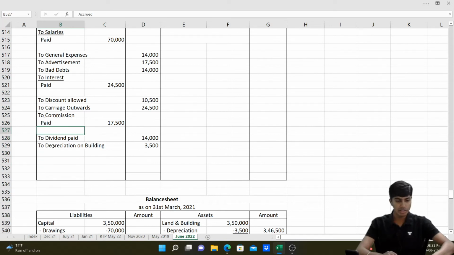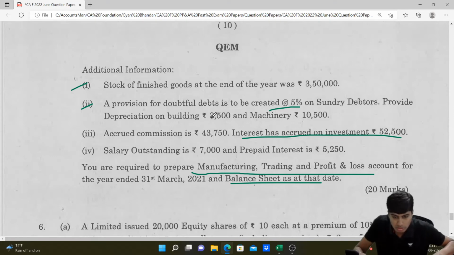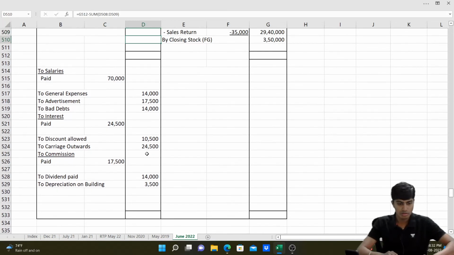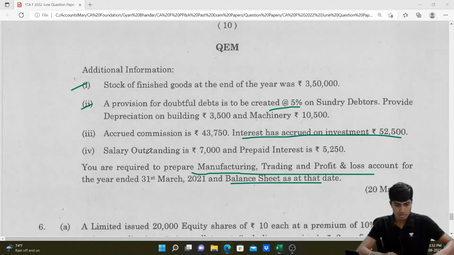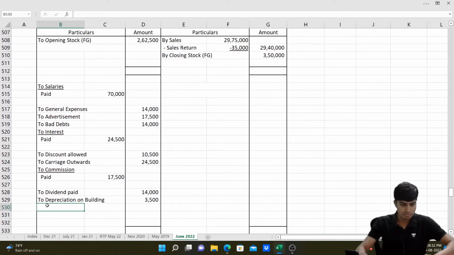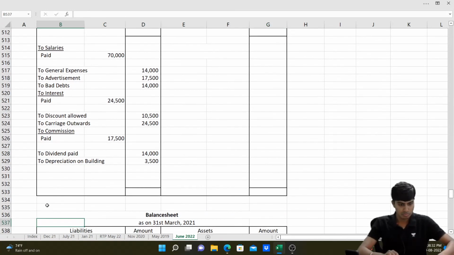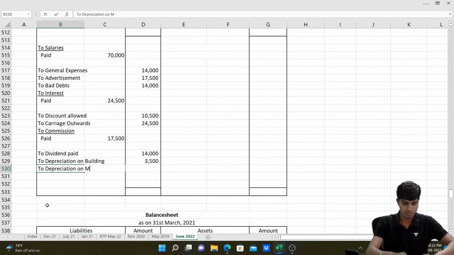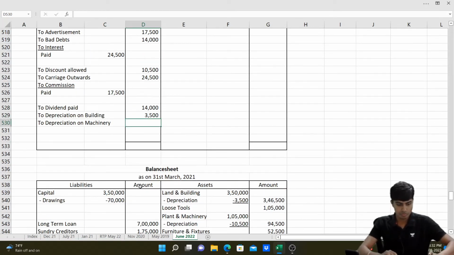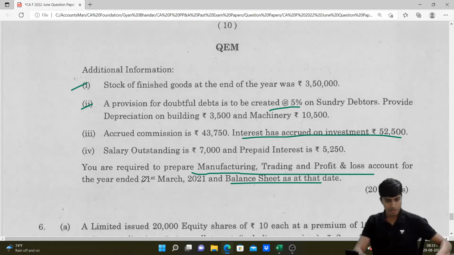And I'll also write depreciation on machinery, to the extent of 10,500. Done. We have the depreciation entry also ready.